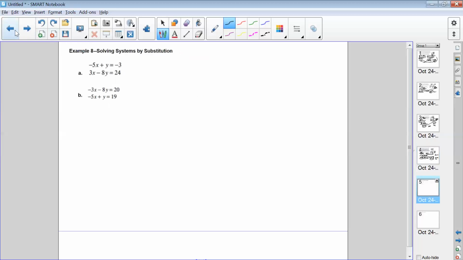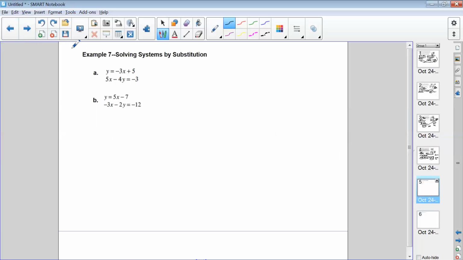And these next two are just simple non-context problems. So we're going to look at using substitution. And since this one's already solved for y, I know y is equal to negative 3x plus 5, so that's going to go right and substitute in for that y. So I'm going to get 5x minus 4 times negative 3x plus 5 is equal to negative 3.